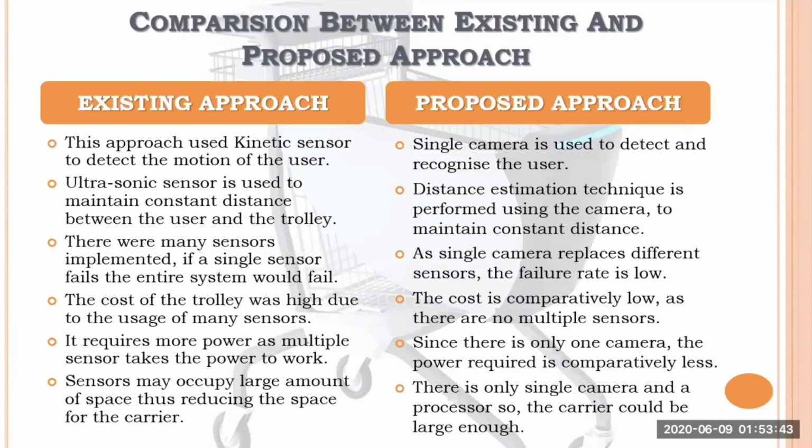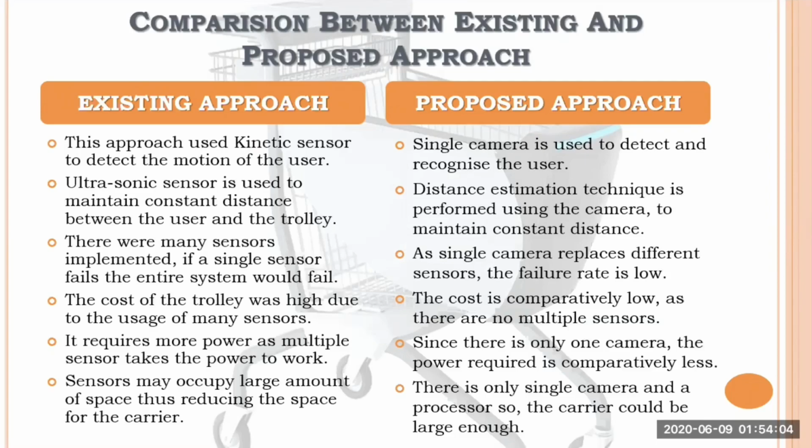The next point is that in the existing system, an ultrasonic sensor is used to maintain a constant distance between the user and the trolley. As we mentioned earlier in the literature survey, an ultrasonic sensor is used to calculate the distance and maintain the constant distance.